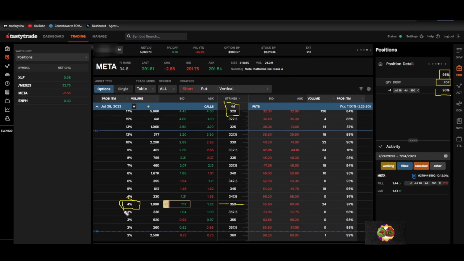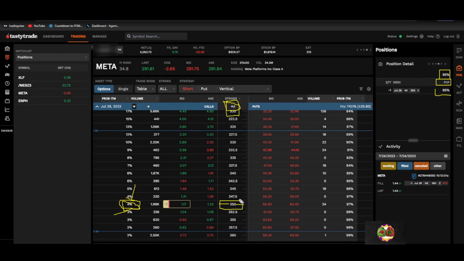There is a 4% chance that Meta will be trading at $350 in 4 days. That's a pretty good chance. No, it's not. It's a terrible chance, right? It's absolutely ungodly terrible. So, it cannot happen. Yeah, there's a 4% chance it can happen.